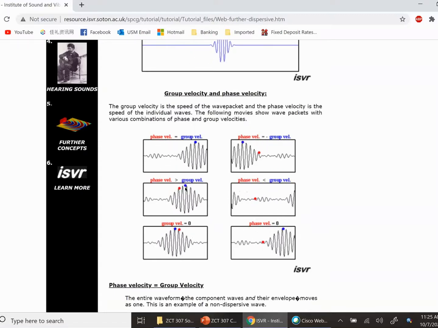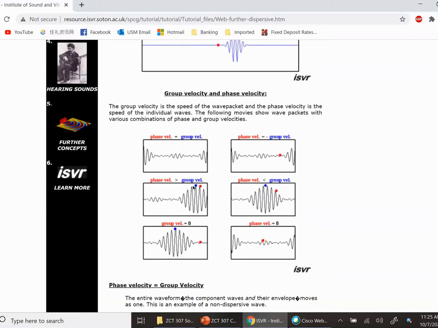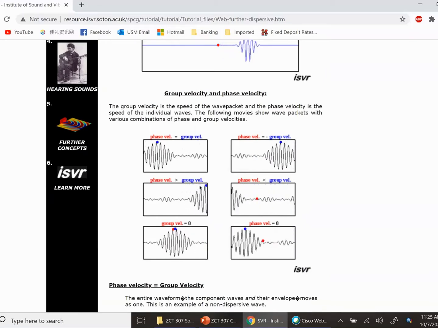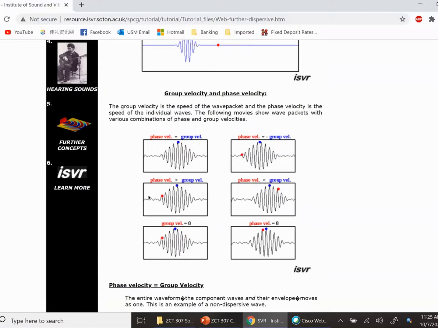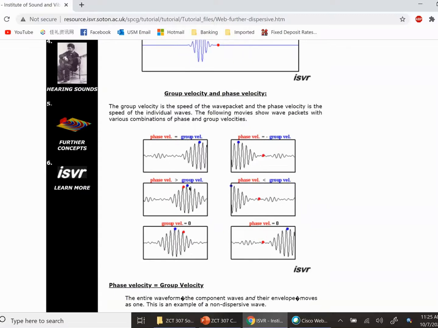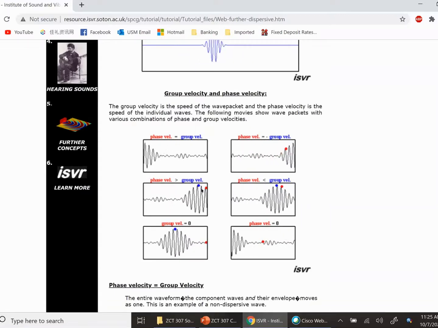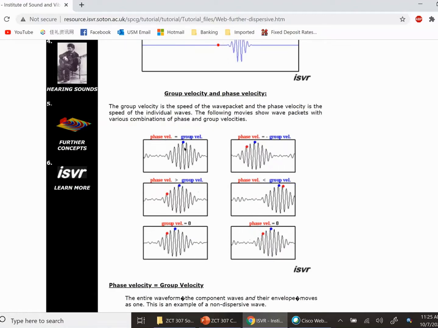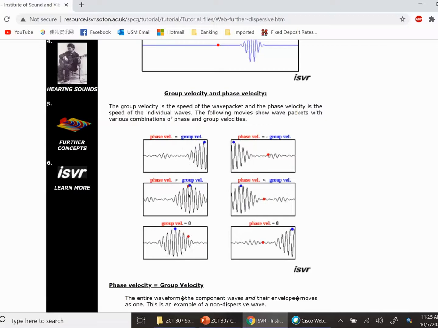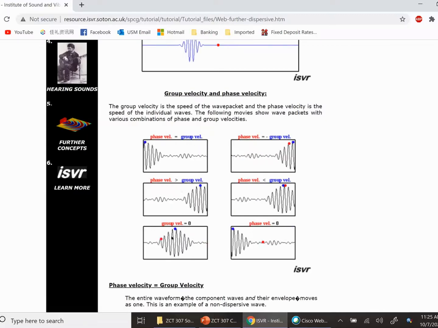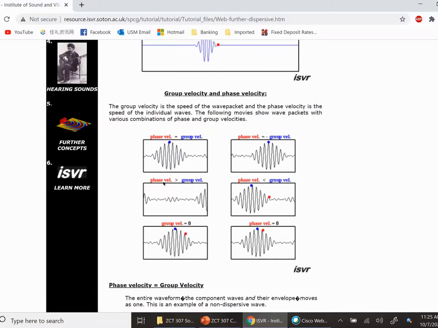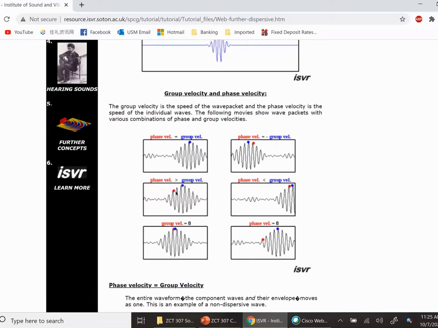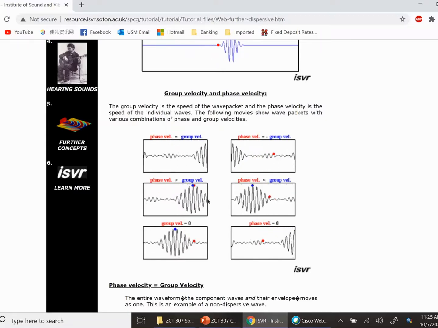At first the blue dot is at the front, but after that the red dot actually passes the blue dot. The blue dot represents the big wave packet, which moves at the group velocity. The red dot is the phase velocity, the individual one. So you can see the individual one is actually faster than the group velocity.